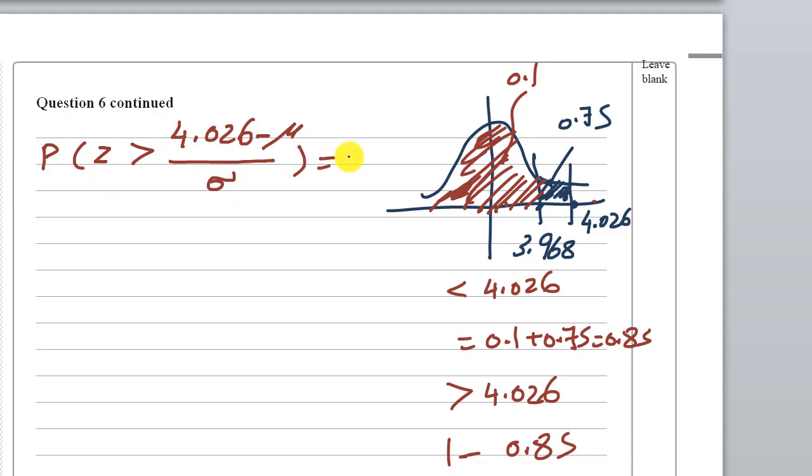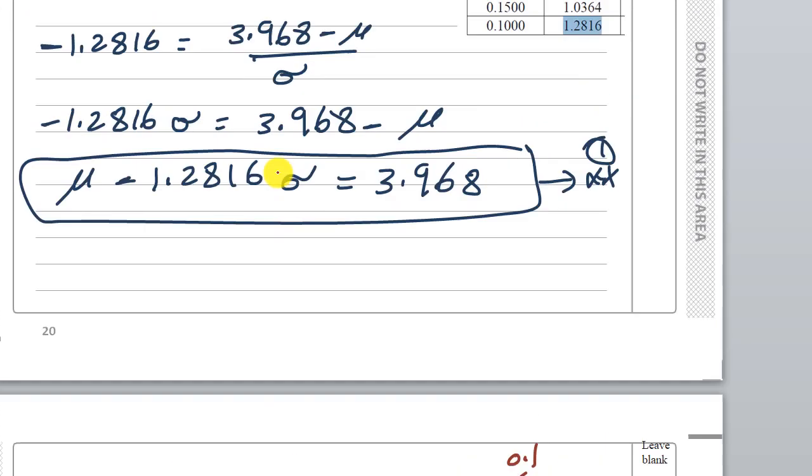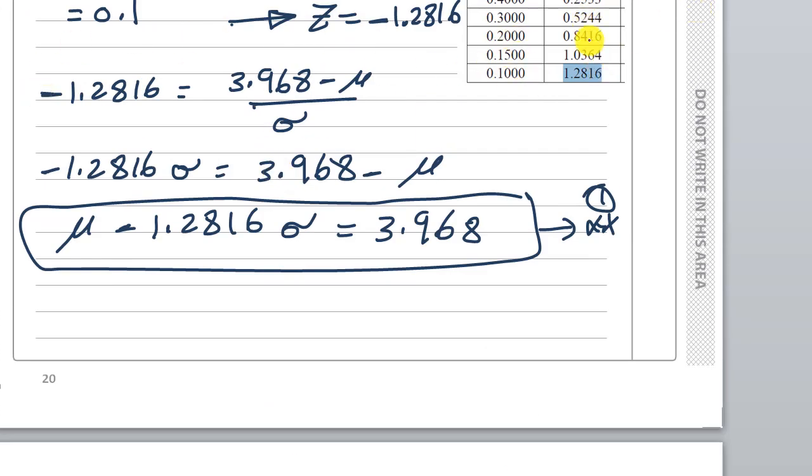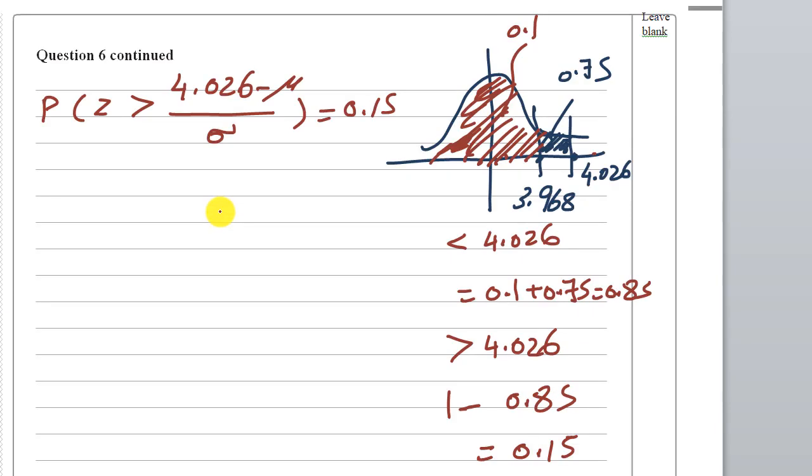This probability is equal to 0.15. So according to the table here, this value is 1.0368. So we have 1.0368 is equal to 4.026 minus mu divided by sigma.